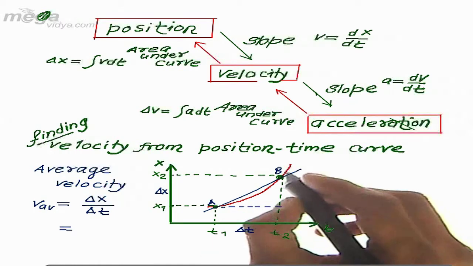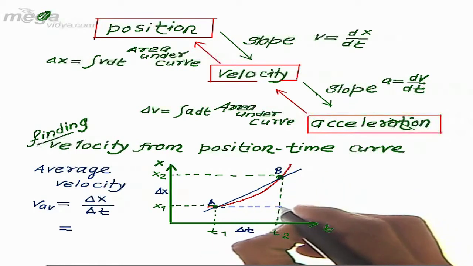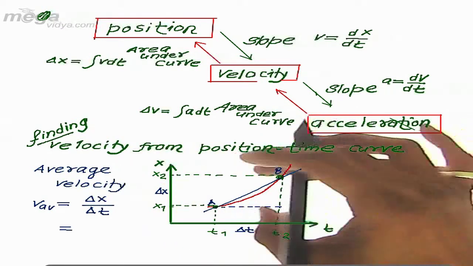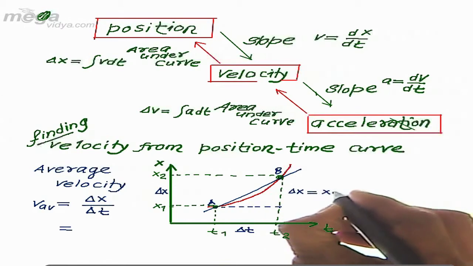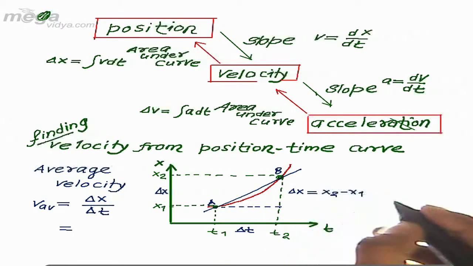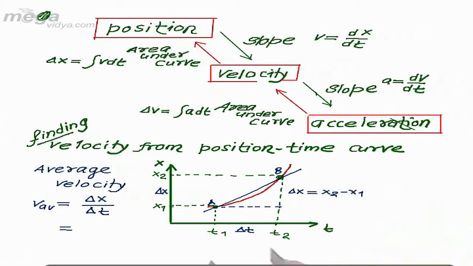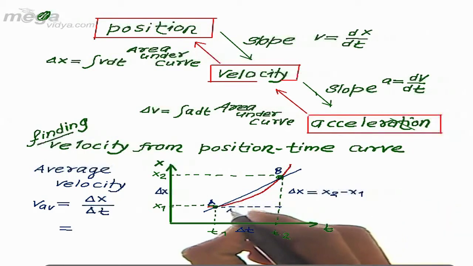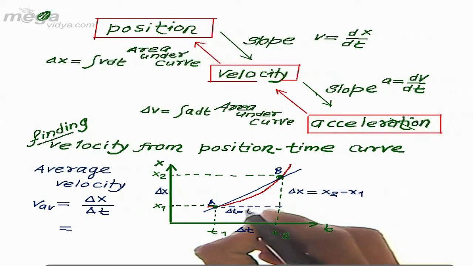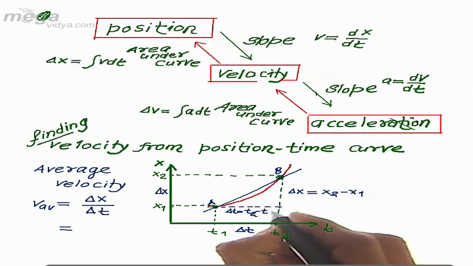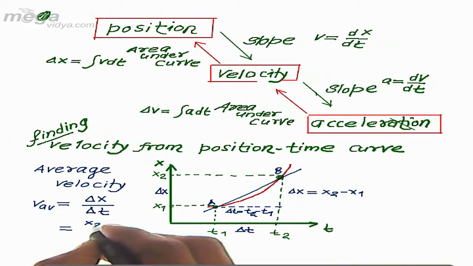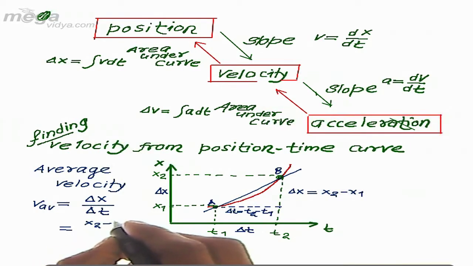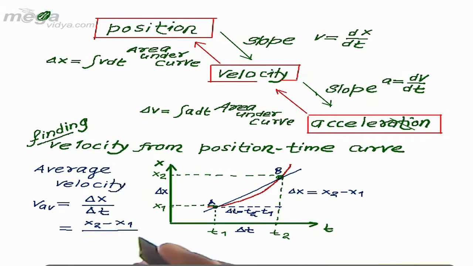Now this section is equivalent to delta x, which can be written as x2 minus x1, final position minus initial position, and this time interval delta t can be taken as t2 minus t1 in this curve.